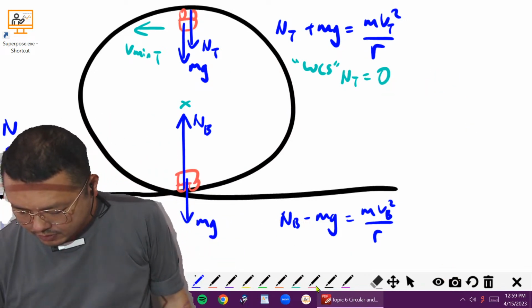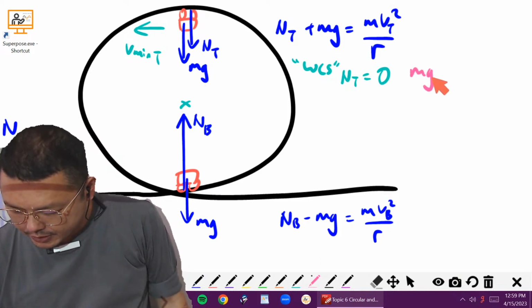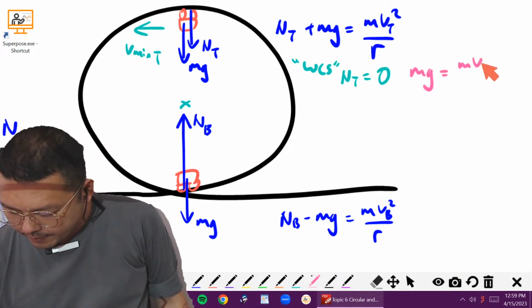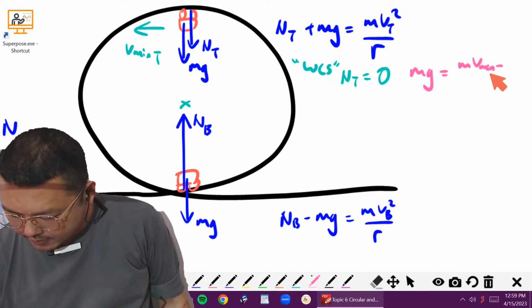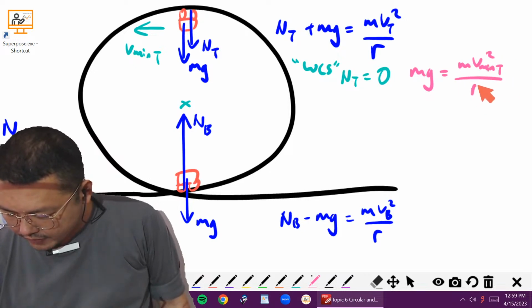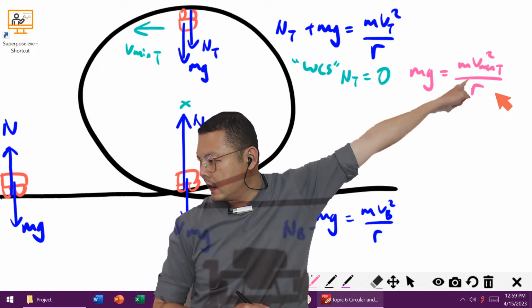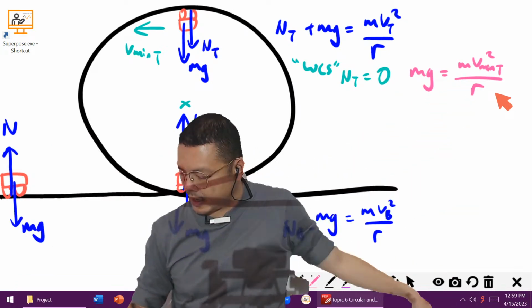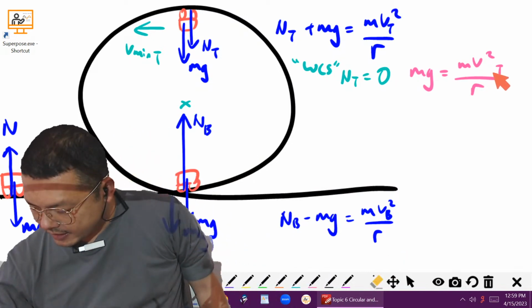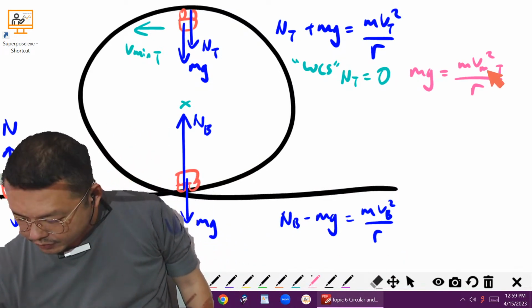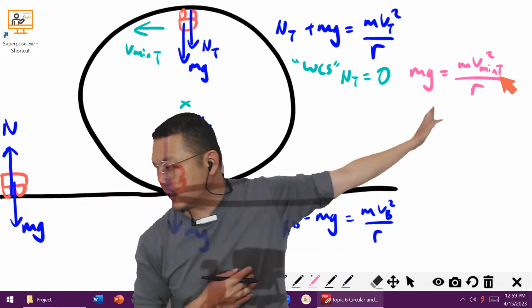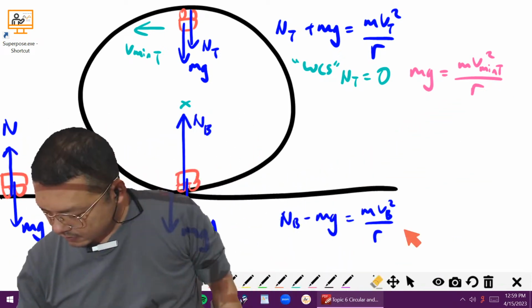Let me just use a pink color. mg equals mv minimum t squared over r. Do you see that? I just wrote this down. Like I said, this one's a long journey, you have to follow me.